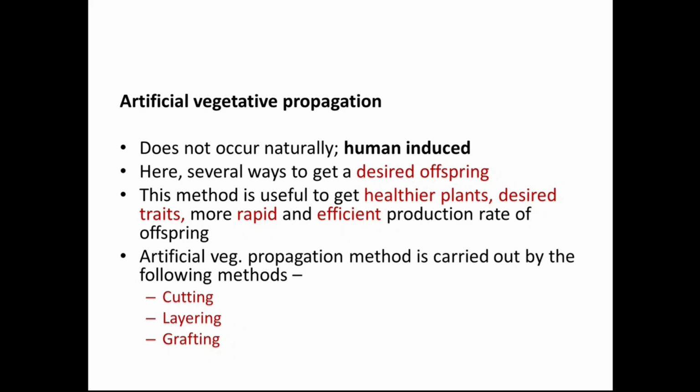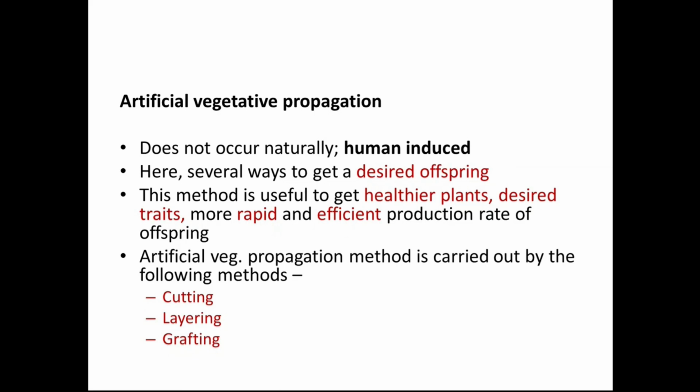Another gives very tasty fruits, but the size is very small. In those cases, you have to graft them together, and then we get a new variety with bigger and tasty fruits. That means desired offspring or desired trait.